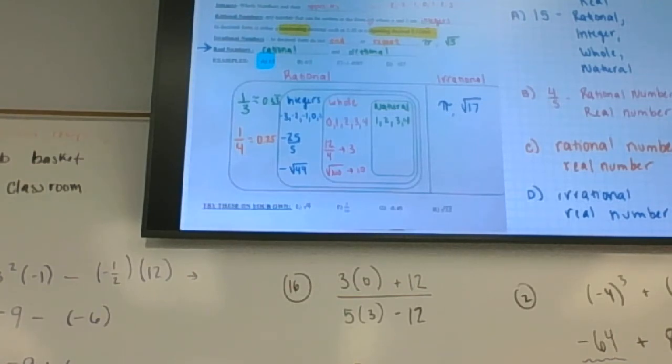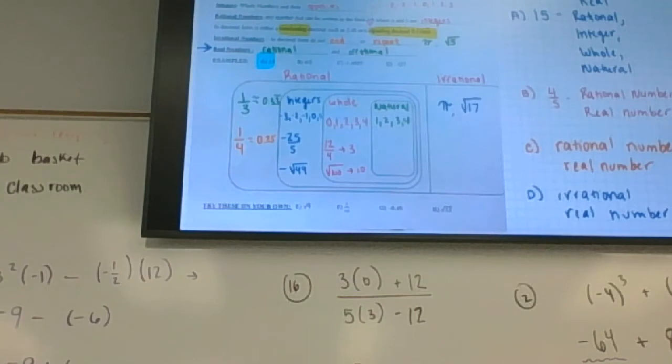Even in your assignment tonight, you can use abbreviations. For number C and D, what's the number?